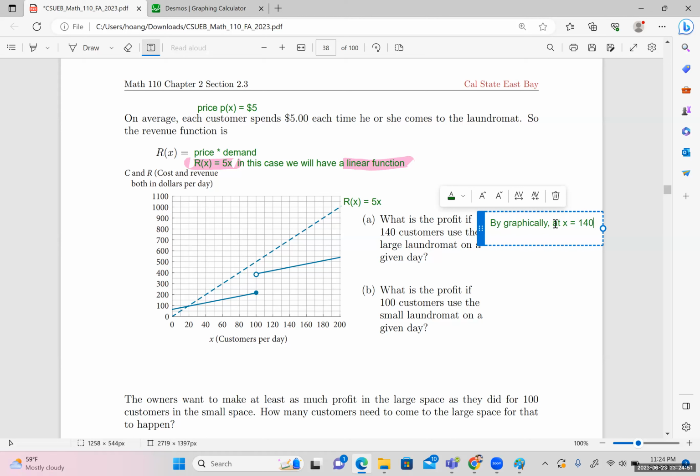At X equal to 140 here, we can draw a line from the cost function vertically up to the revenue function.